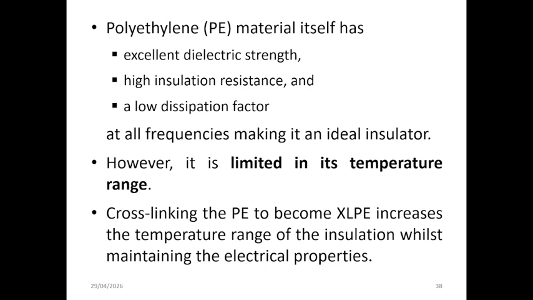Okay, this slide explains the advantages of polyethylene and how cross-linking improves its performance. PE has excellent dielectric strength, high insulation resistance, and low dissipation factor over a wide range of frequencies, making it a very good insulating material.